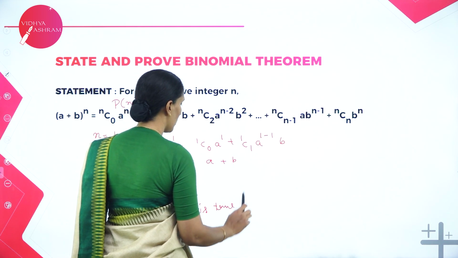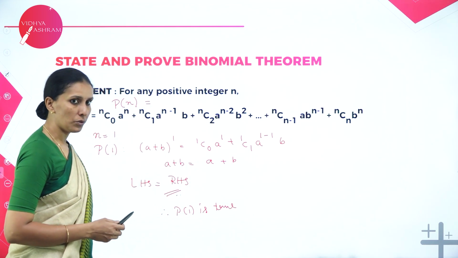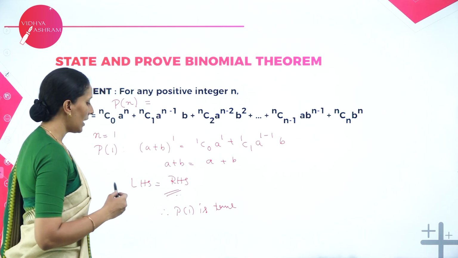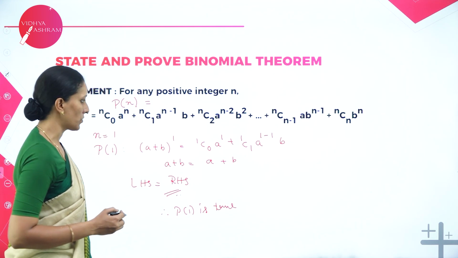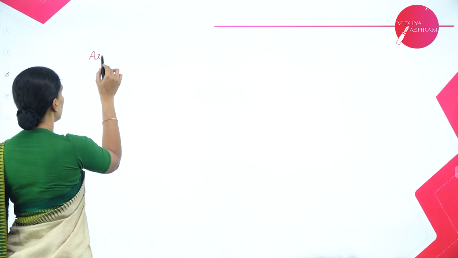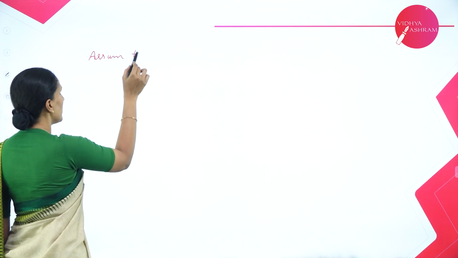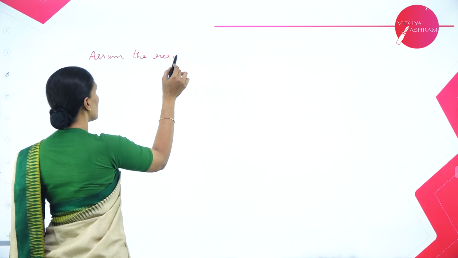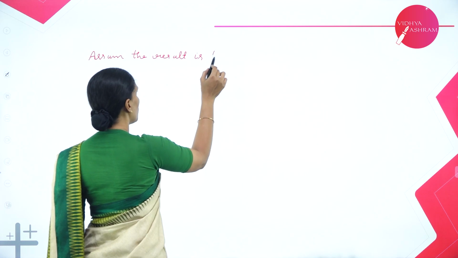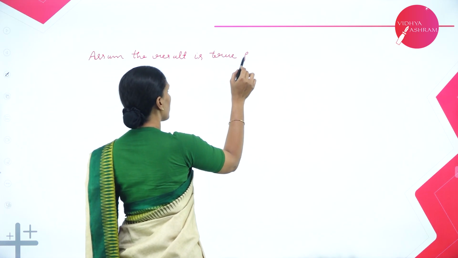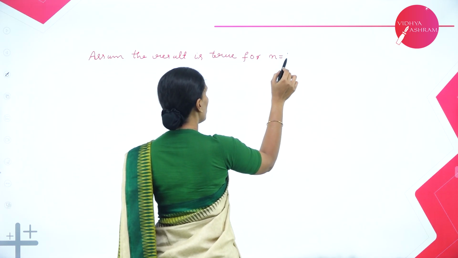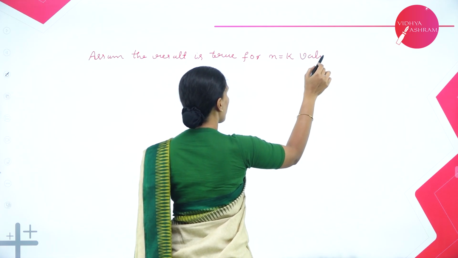Now since P of 1 is true, I'll assume the result to be true for n is equal to k values.